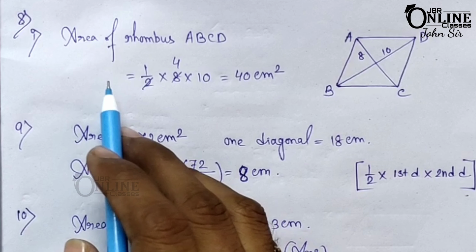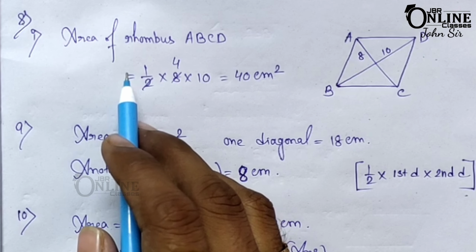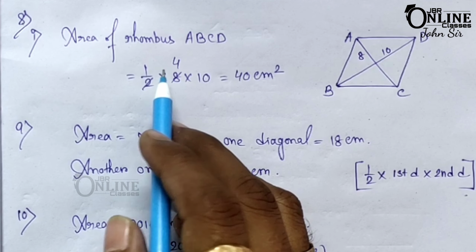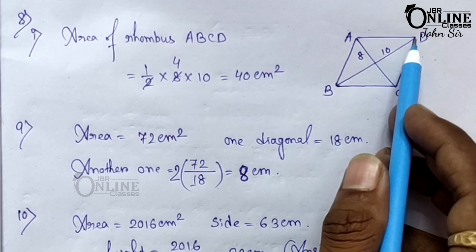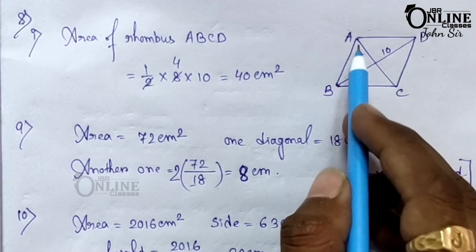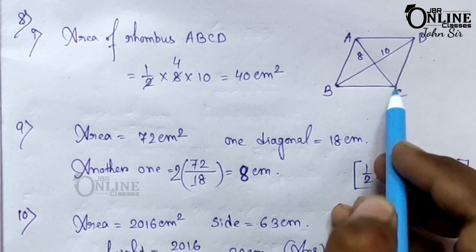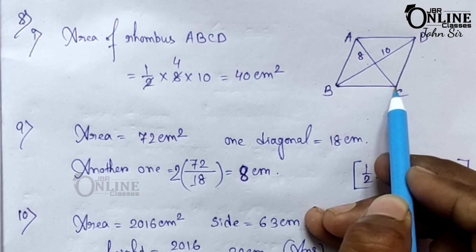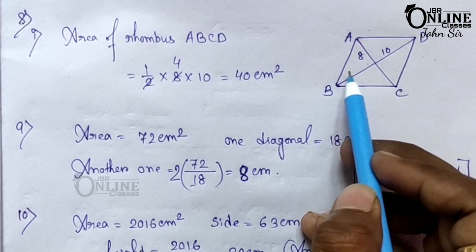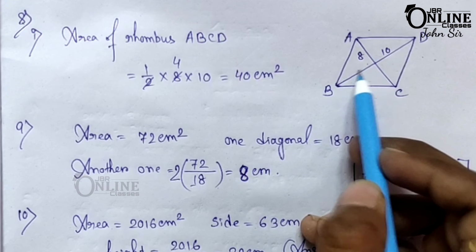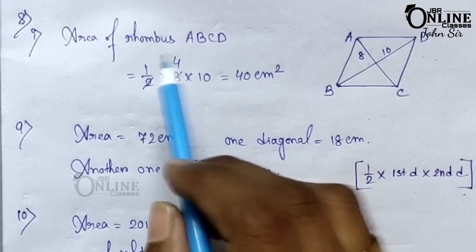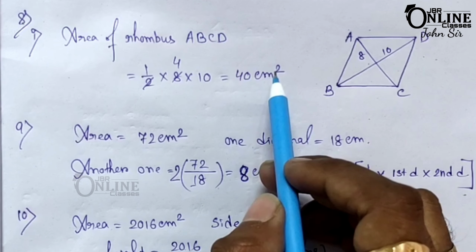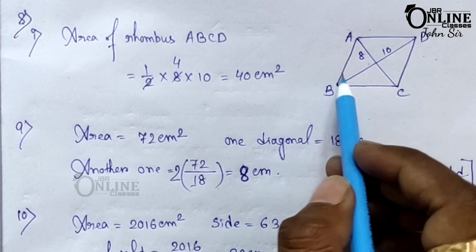Sum number 8. Find the area of a rhombus ABCD in each case. So here ABCD is the rhombus. AC equals 8 centimeter, BD equals 10 centimeter, it's given. So AC and BD are the two diagonals of the rhombus. Now as I said before, the area of a rhombus equals base into vertical height.